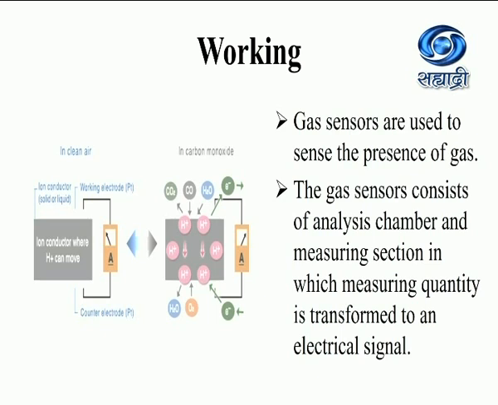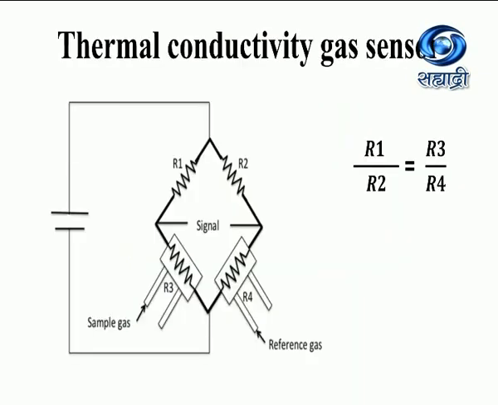Basically it is used in chemical factories. This is the thermal conductivity gas sensor, which is one type of gas sensor. Gas sensors are used in a Wheatstone bridge, where one reference gas is connected and one sample gas is connected as the gas sensor. The balance condition is R1 divided by R2 is equal to R3 divided by R4. Whenever the sample gas is there, it is compared with the reference gas and that will balance the condition.